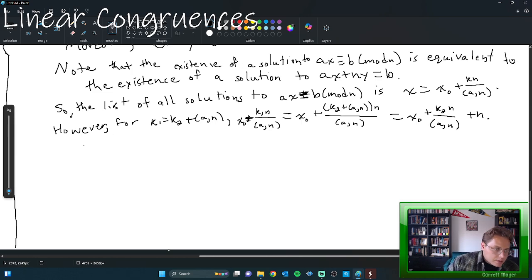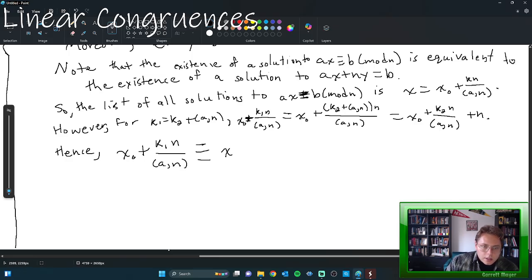And what that means, hence, x naught plus k1 n over GCD of a and n is congruent to x naught plus k2 n over GCD of a and n.